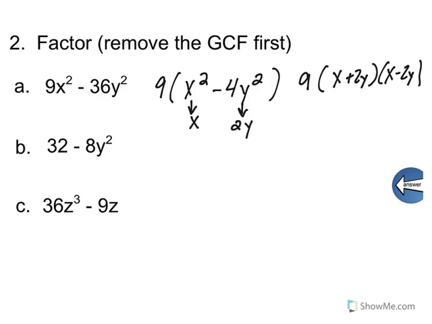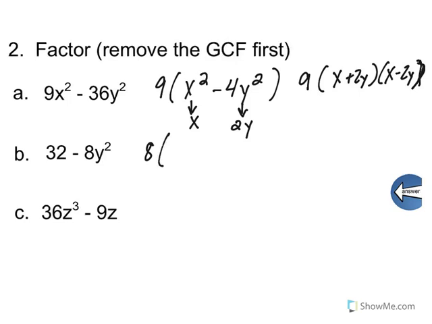Now remember, we always pull out a GCF first so that we ensure that when we factor, it's fully simplified. When I look at b, the GCF that can be pulled out is 8. So when I factor out the 8 from 32, that's 4, minus y squared.